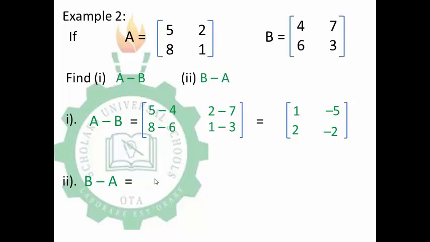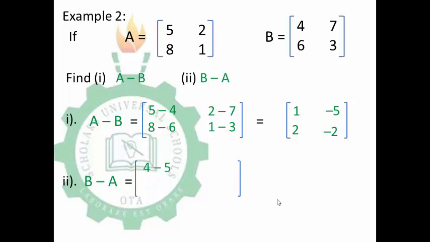We are now having A being subtracted from B. It means that all elements of A will be subtracted from the corresponding elements of B. It means that 5 will be subtracted from 4, 2 will be subtracted from 7, and so on. Let's see whether we still get the same value here just as we got for A plus B and B plus A.